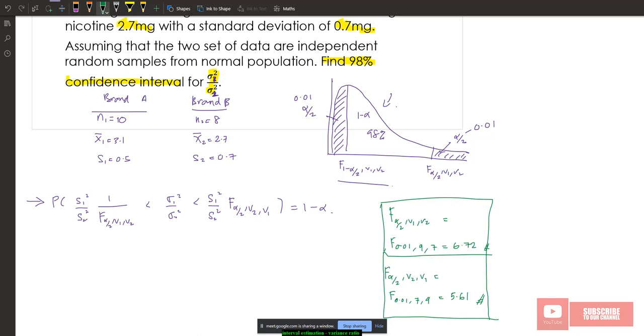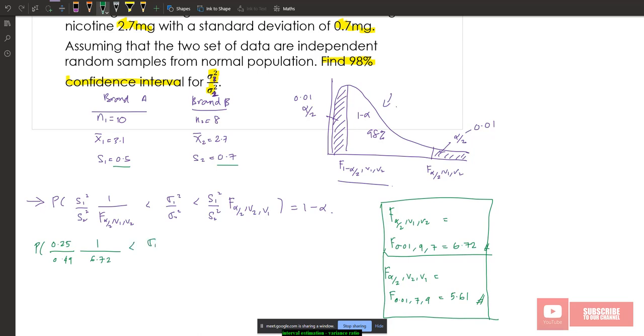Since we already know all the values, we just need to plug the values into the formula. So this is going to be 0.25, right? Because 0.5 squared is equal to 0.25, and then divide by 0.7 squared equal to 0.49. This is 1 over F alpha divided by 2, V1, V2, 6.72, right?